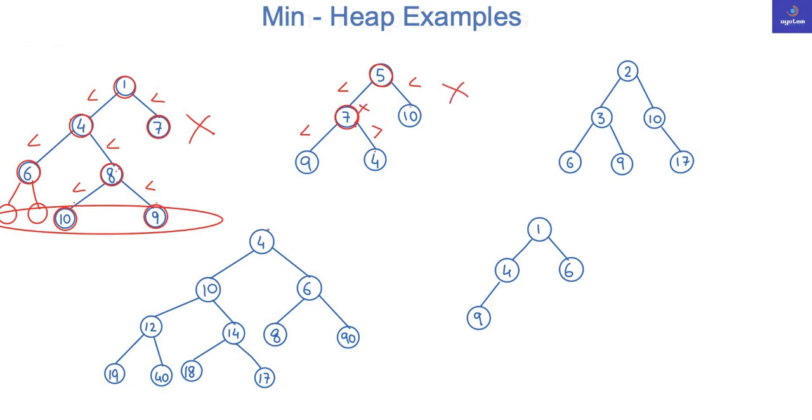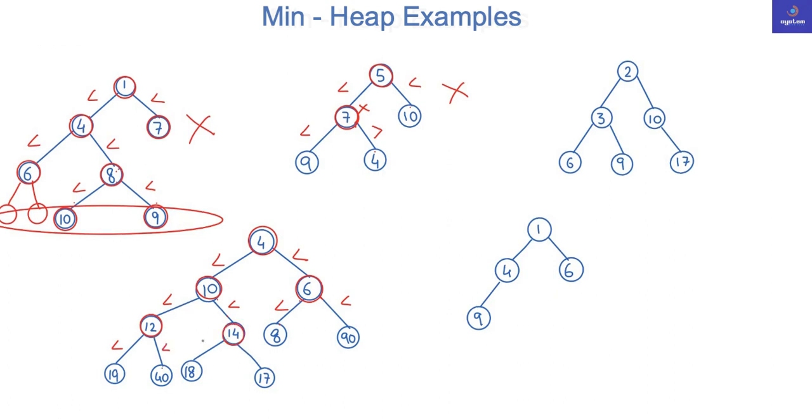Now let's look at this example. Let's look at node 4. 4 is less than 10, 4 is less than 6. For node 10, 10 is less than 12 and 10 is less than 14. For node 6, 6 is less than 8 and 6 is less than 90. For node 12, 12 is less than 19 and 12 is less than 40.